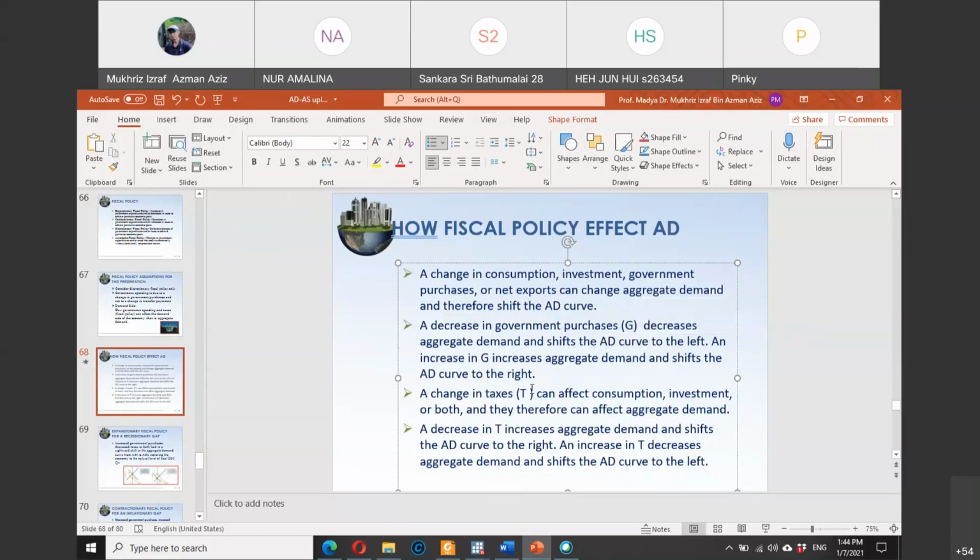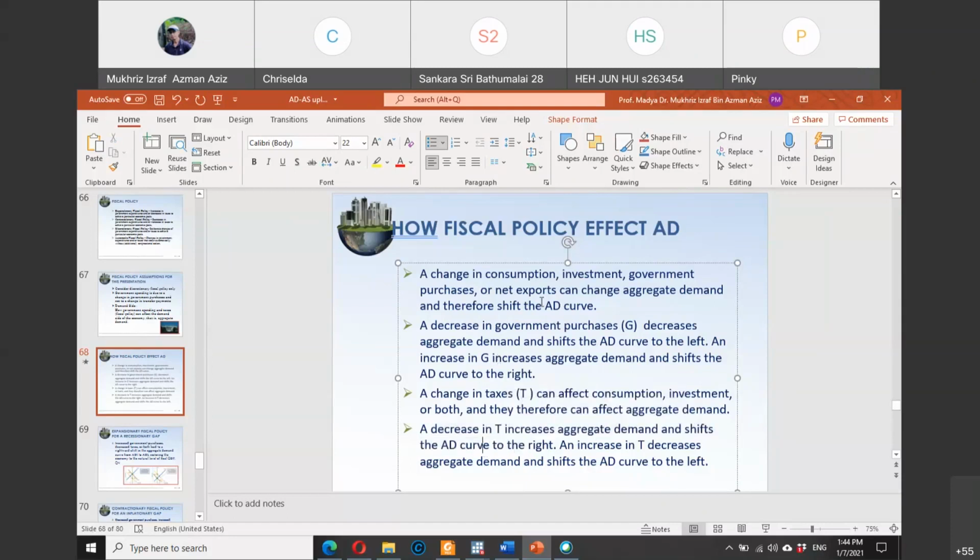But tax is part of leakages, meaning money going out from the consumer's perspective. So when the government reduces tax, people will have more cash in hand, and that will cause the demand curve to shift to the right. A decrease in tax means a lower tax rate, people have more money, so aggregate demand will increase, or shift to the right.